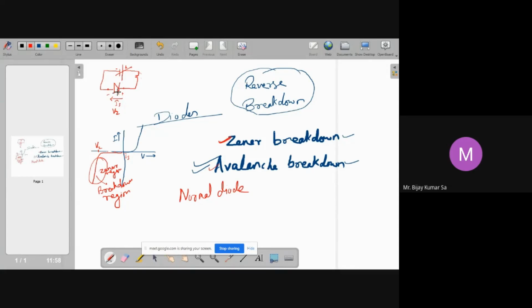We cannot use a normal diode in the Zener region for long. Even a very small amount of operation in this region will damage the normal diode. But here we can distinguish a Zener diode, a special kind of diode, which can withstand this situation which the normal diode couldn't.